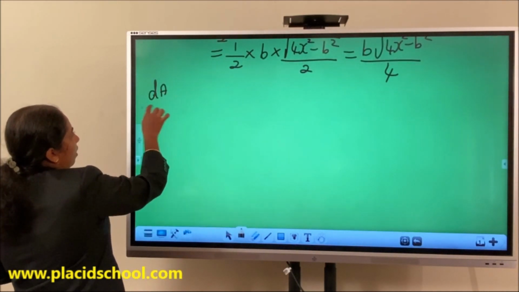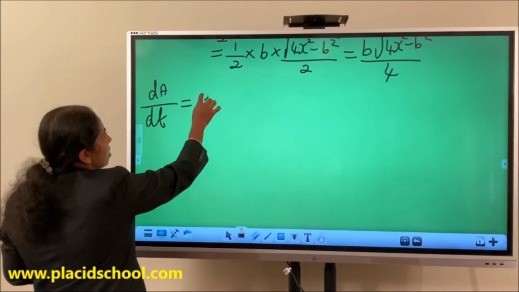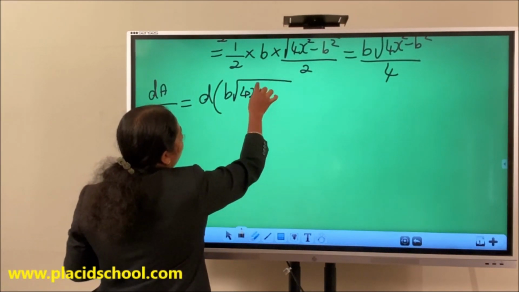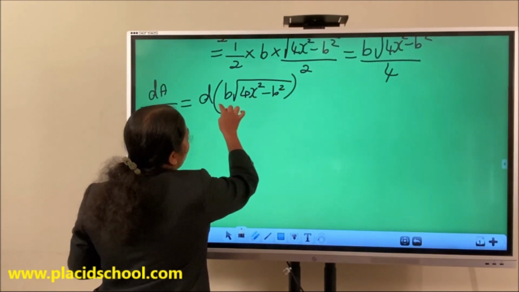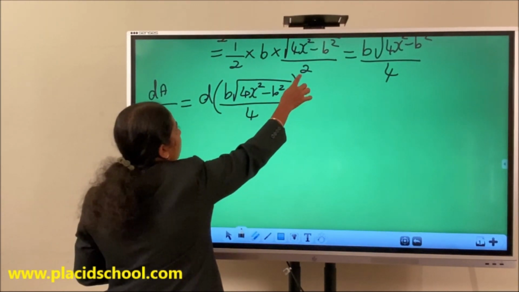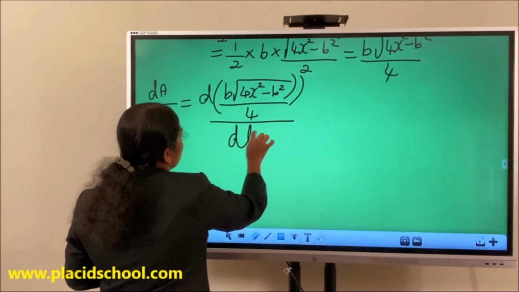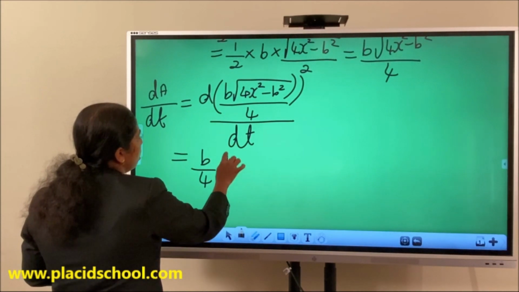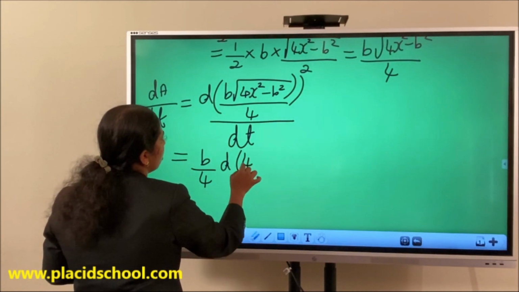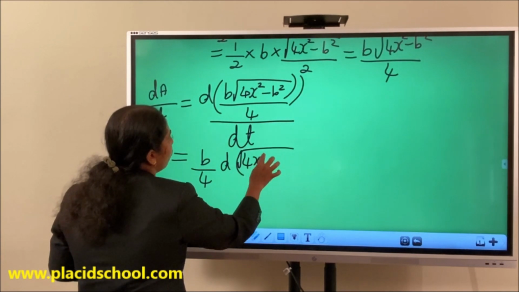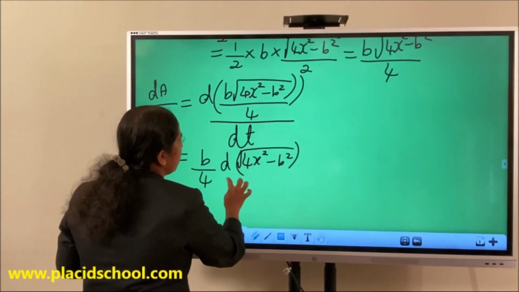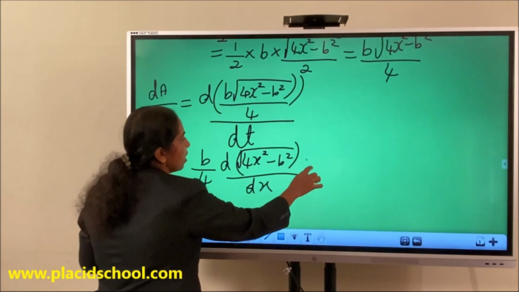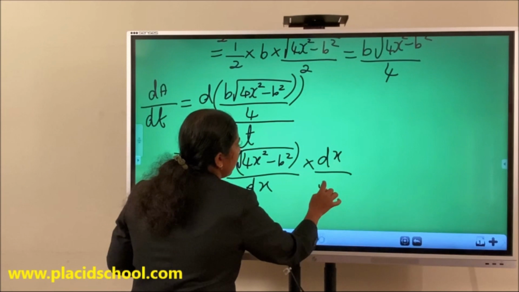Rate of change of area with respect to time is derivative of b into root of 4x square minus b square by 4 with respect to time. That is equal to b by 4 into derivative of square root of 4x square minus b square with respect to x into dx by dt.